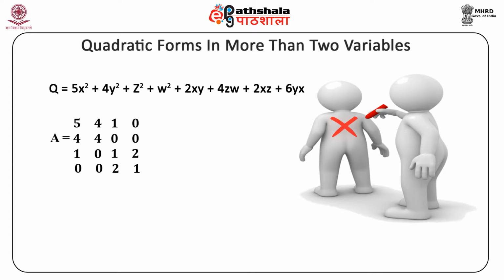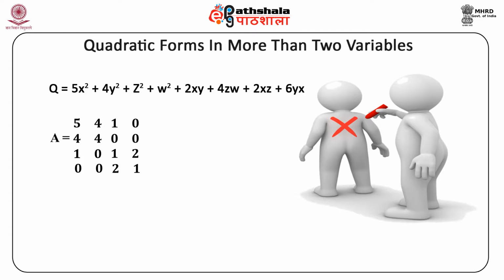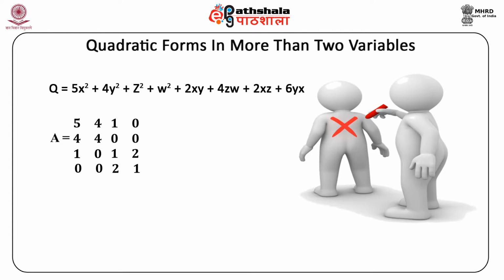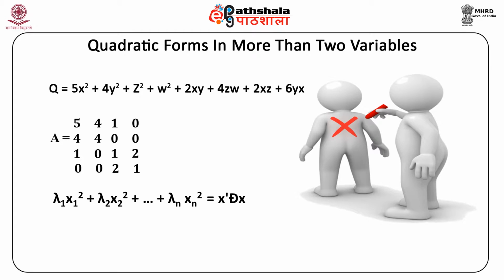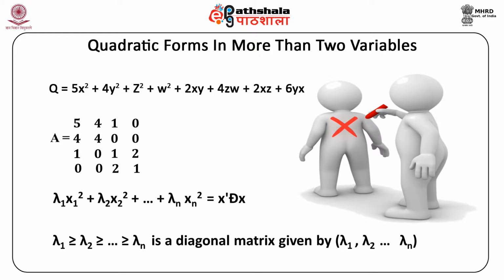Further, using a suitable orthogonal point transformation, any given quadratic form can be expressed as a diagonal form lambda 1 x1 square plus lambda 2 x2 square and so on plus lambda n xn square, which is equal to x prime Dx, where D has been used to represent the diagonalized matrix, with lambda 1 greater than or equal to lambda 2, which is greater than or equal to so on till lambda n, so that the corresponding symmetric matrix is a diagonal matrix given by lambda 1, lambda 2, so on till lambda n.